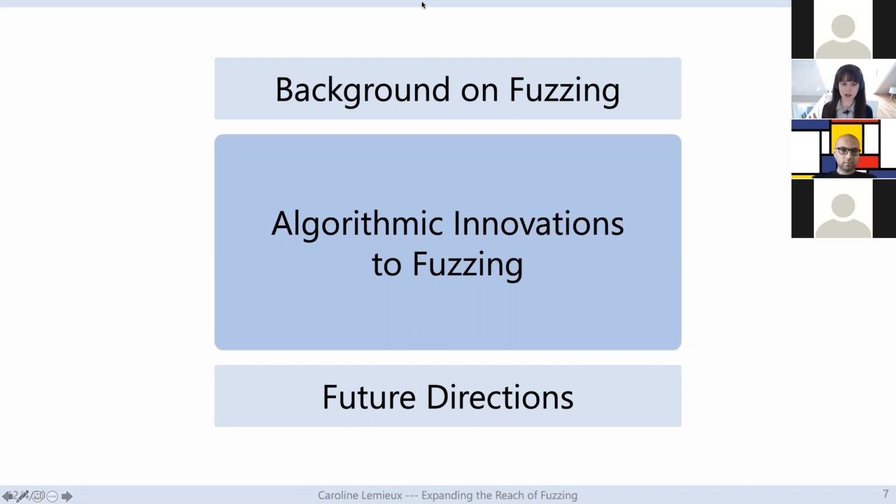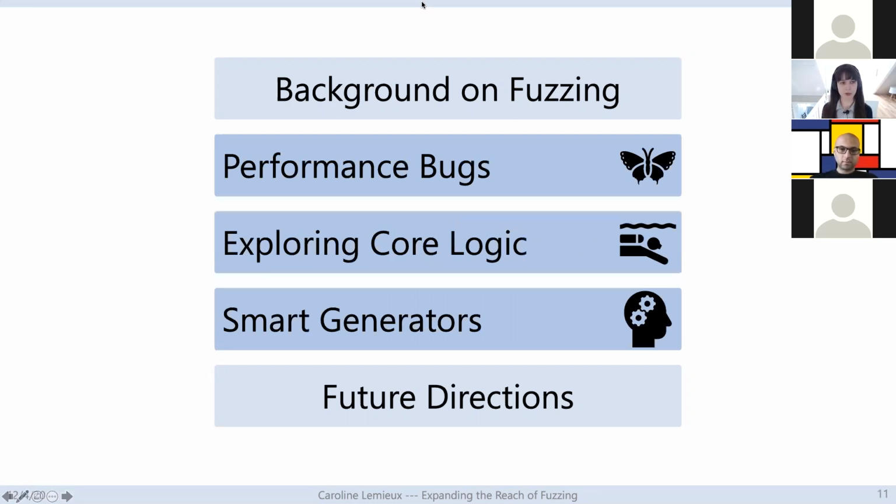Basically, in all three of these categories, finding performance bugs, exploring core logic, and improving random input generators, I've really focused on simple algorithmic improvements that still allow scaling while not requiring too much tedious input from the user in order to increase the utility they can get out of these fuzzing tools. And after that, I'll get into where I see growing this work in order to improve the impact and breadth of my research.